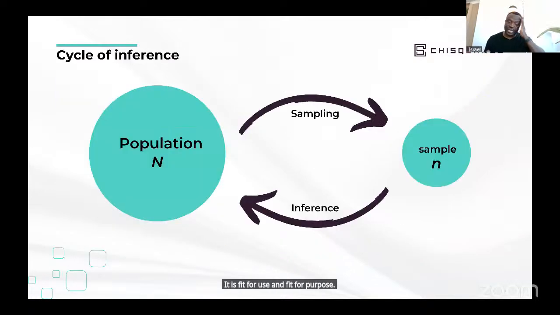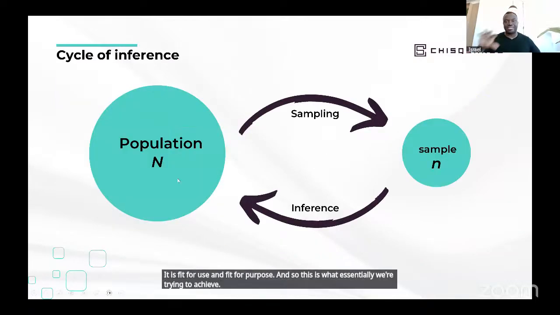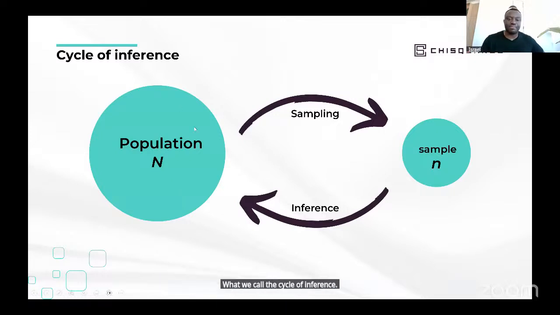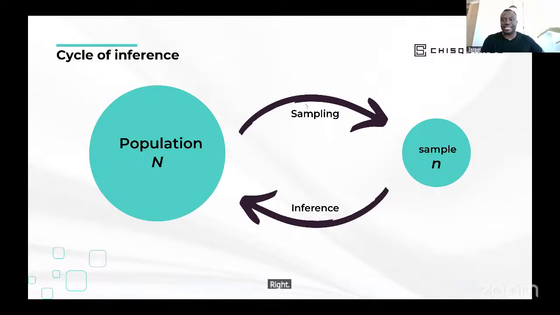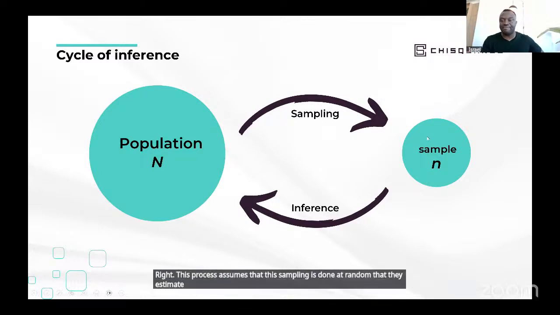And so this is what essentially we're trying to achieve, what we call the cycle of inference. In other words, the population gives us a sample through the process of sampling, and then from a sample, we get inferences, which we apply back to the population, right? This process assumes that the sampling is done at random, and that the estimates, which we then get from the sample, are free of bias, right?